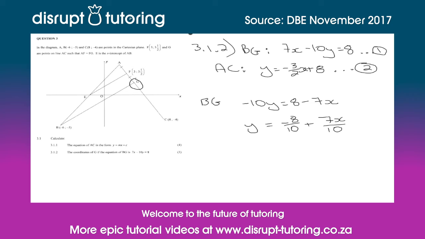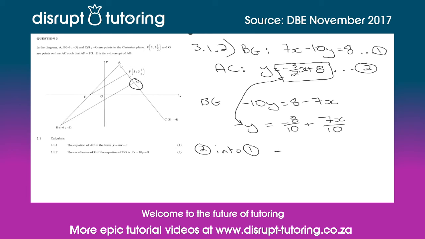So now we can substitute equation number 2 into equation number 1. What exactly does this mean? It means that we take here equation number 2, which is this part, and we know that that equals y, and we also know that y equals y, of course, so we can actually substitute it in there.